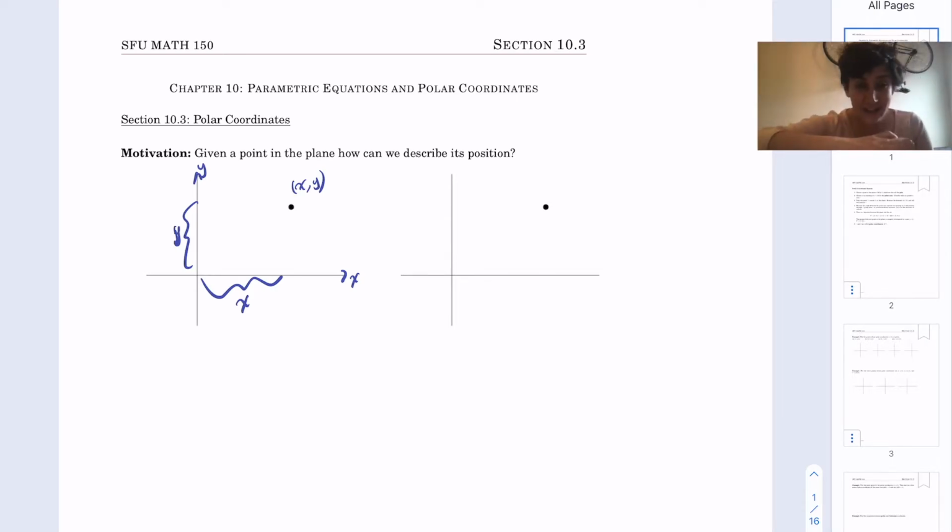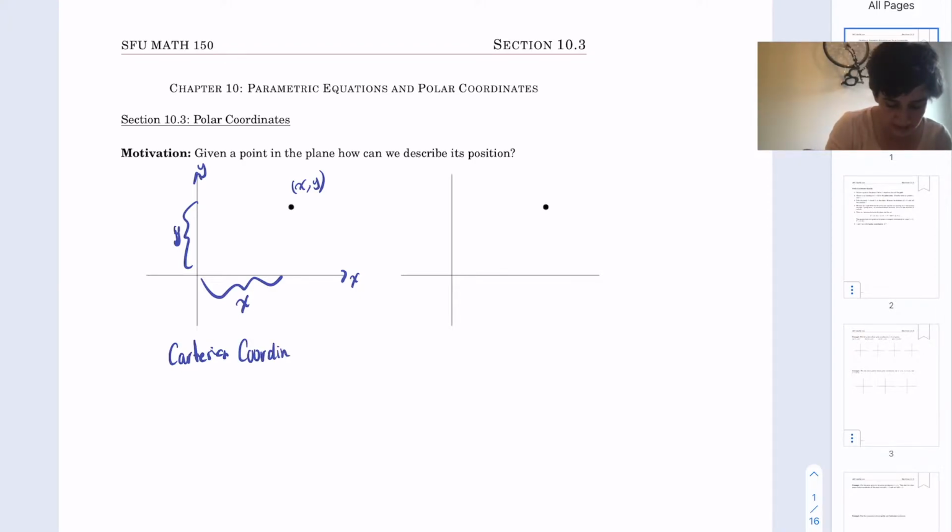Our horizontal axis is fixed, our vertical axis is fixed, and that's kind of it. You hopefully have a lot of comfort with this at this point in your math journey. This is called the Cartesian coordinate system, which we've talked about before.